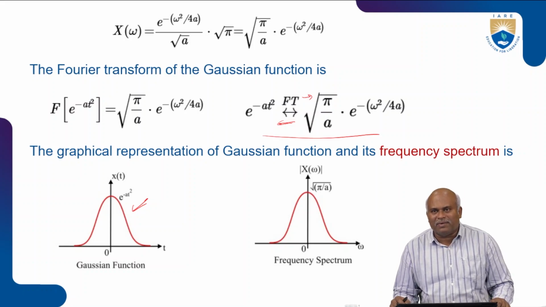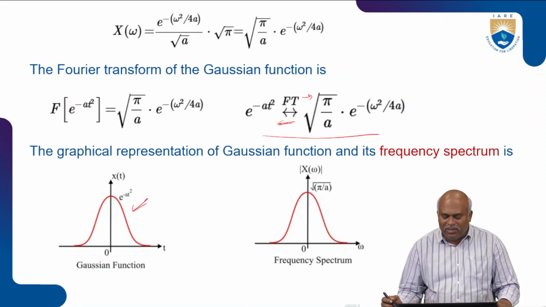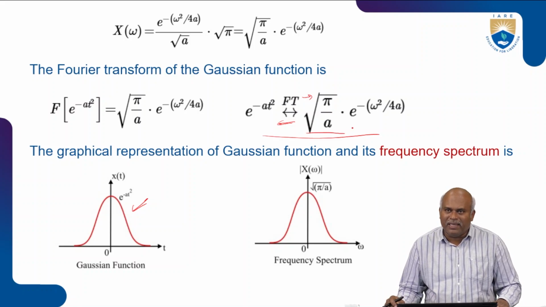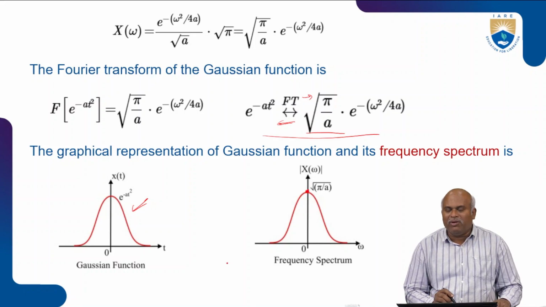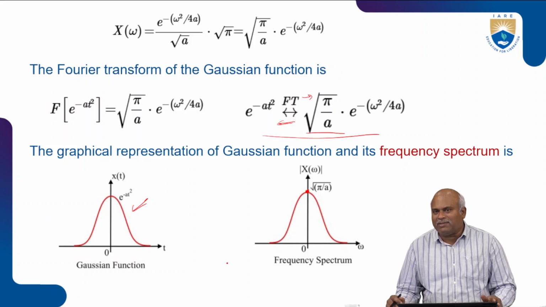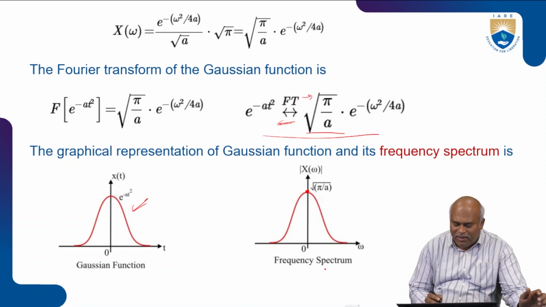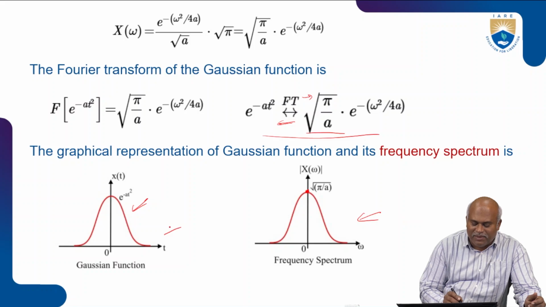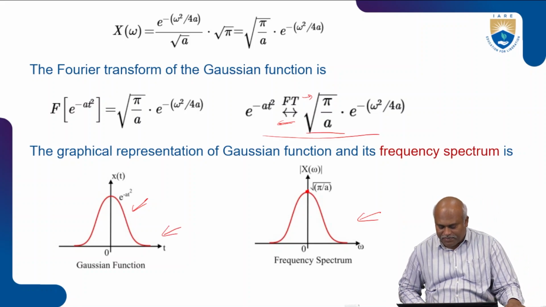The magnitude response also has a shape similar to the graphical representation of the Gaussian function. This portion is the magnitude, root of pi by a, which is represented as the magnitude response. The response on both the left side and the right side is the same. This is the way we represent the magnitude response of the Gaussian function, a bell-shaped curve representing Gaussian function signals.